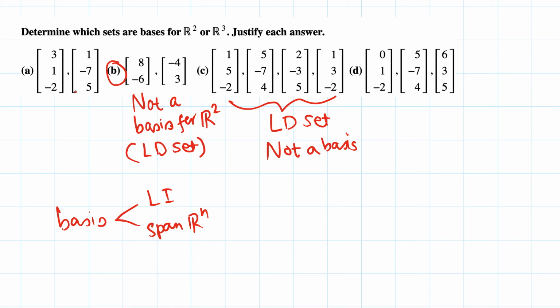Though this set is linearly independent, these two vectors can't span R3.